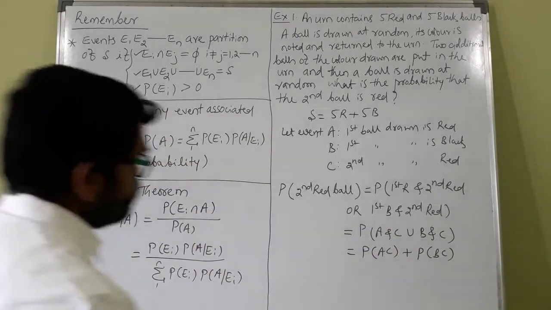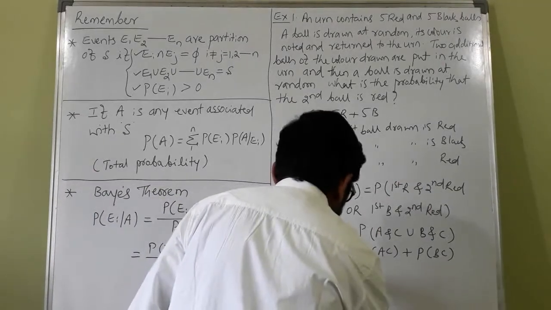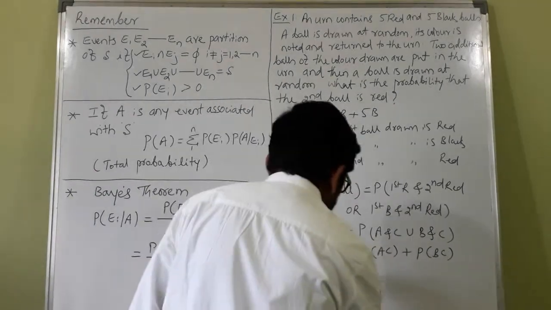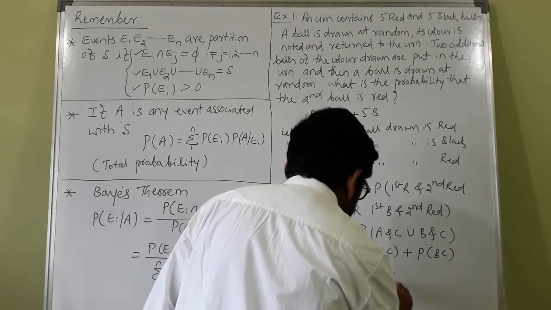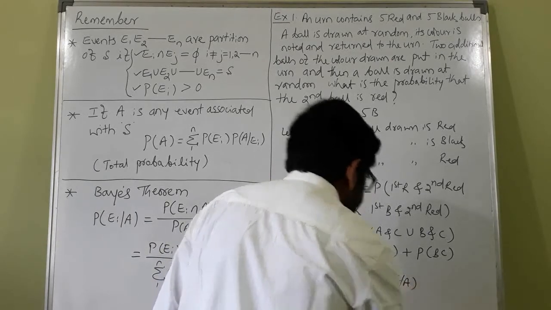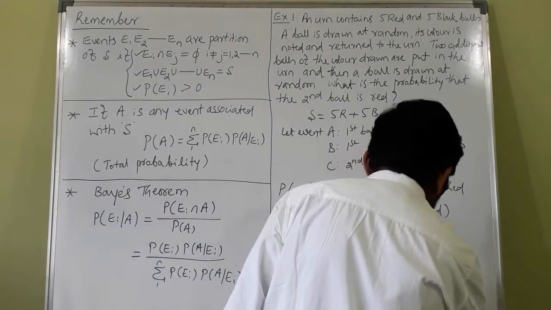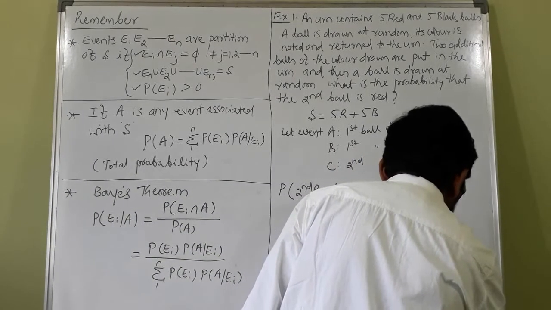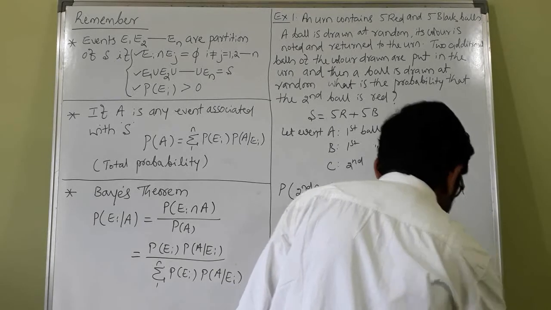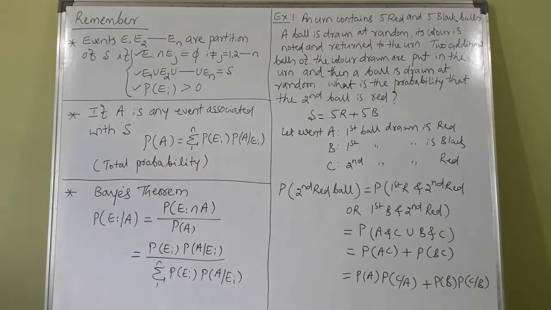Now you apply the conditional probability formula: probability of A into probability of C given A, plus probability of B into probability of C given B. Okay.